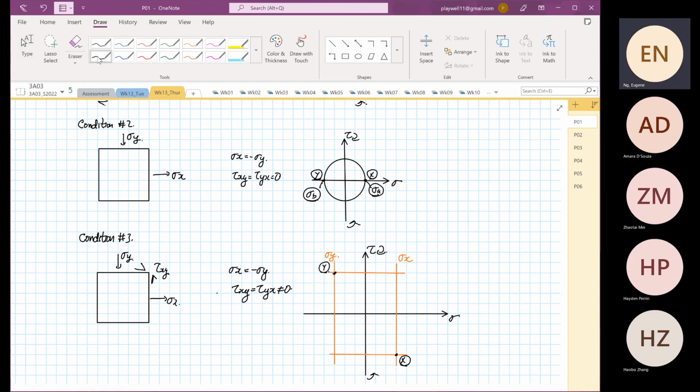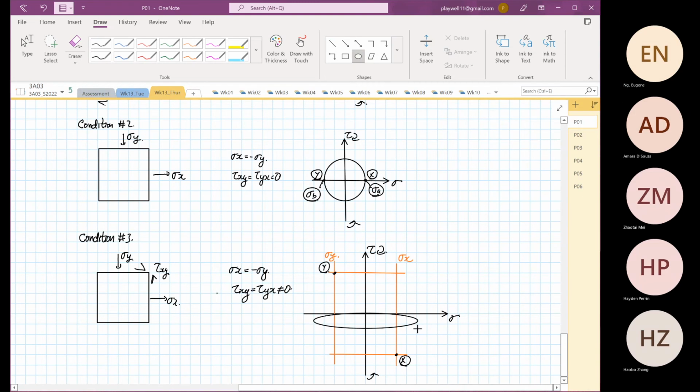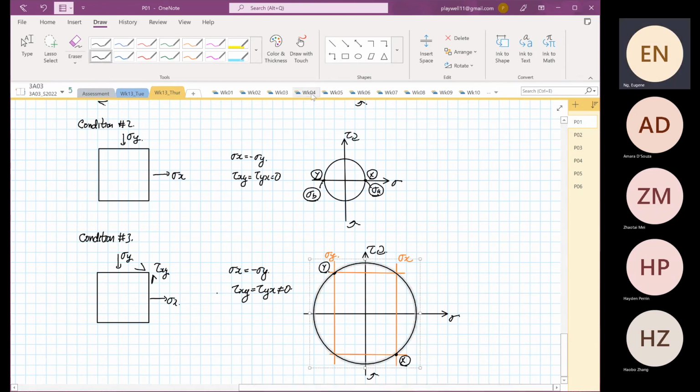When we draw Mohr's circle, it will look like this. Again, we satisfy this strict condition: the average stress is equal to 0.